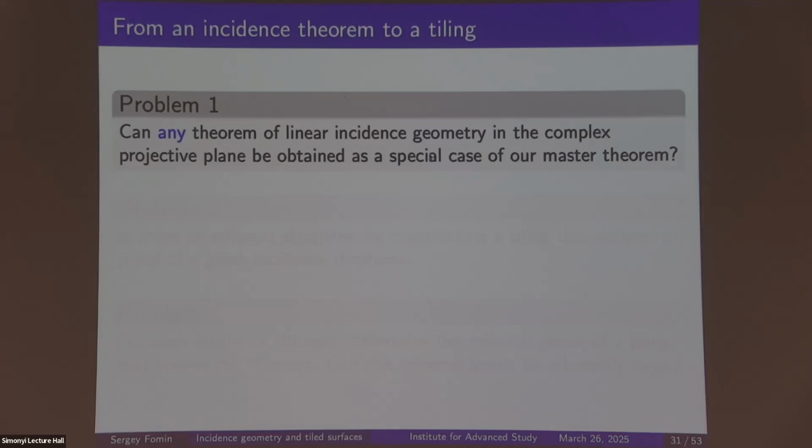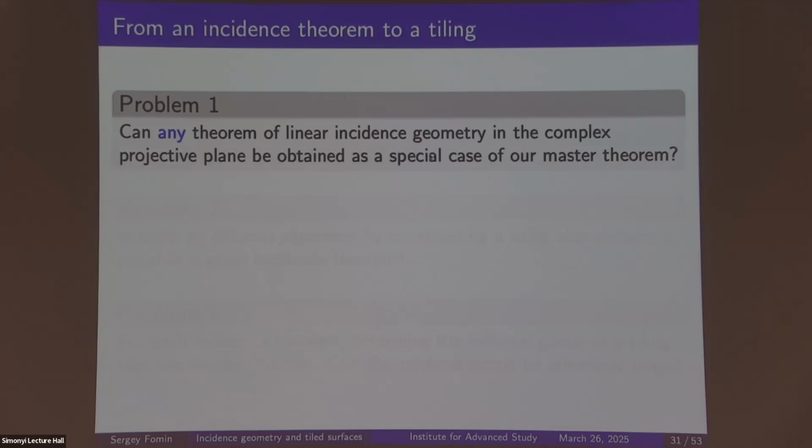Again, one needs to be careful about what it means to be obtained, in which way, whether first order logic or something else is allowed, and what you mean by special case, like are we allowed to take limits? I pose it intentionally vague so as to maximize the chances that the answer is yes, because obviously we want it to be universal.